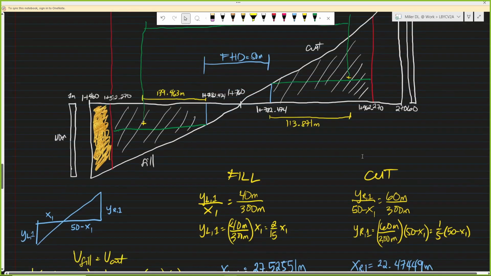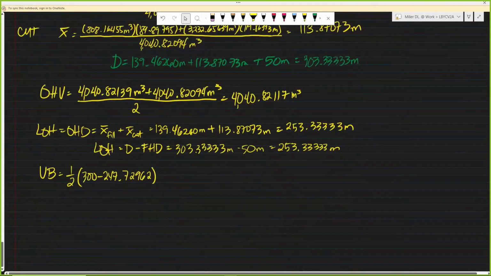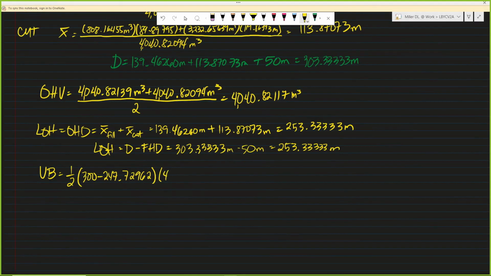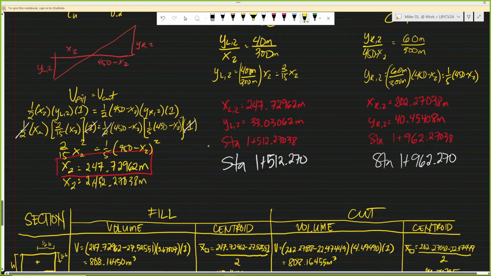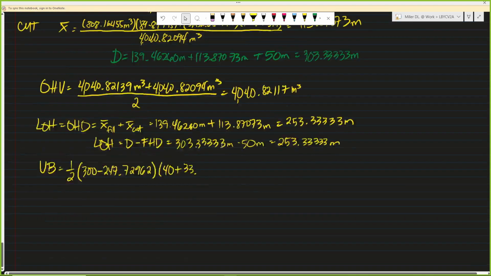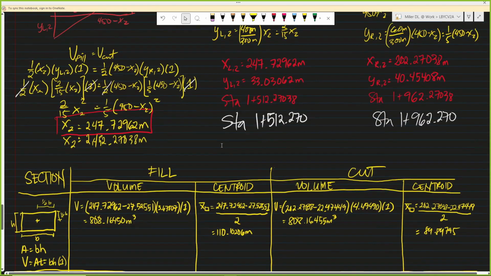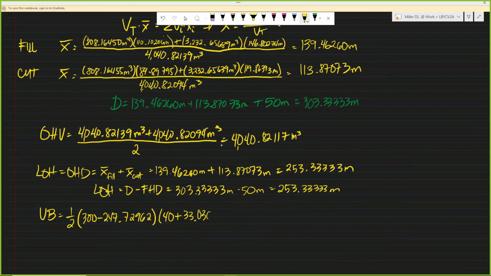Now, as for the altitude, okay? So, ito, 40, nasa left side. Tapos, yung nasa right side, si y sub 2. 40 plus, ang y sub 2 natin ay 33.03062, times 1 unit width, yun para sa thickness.